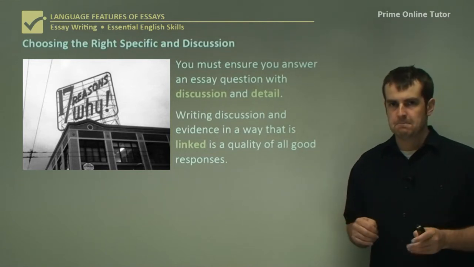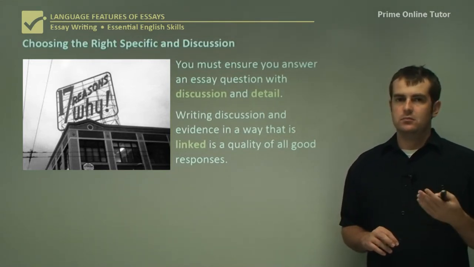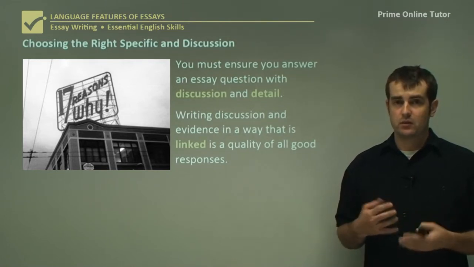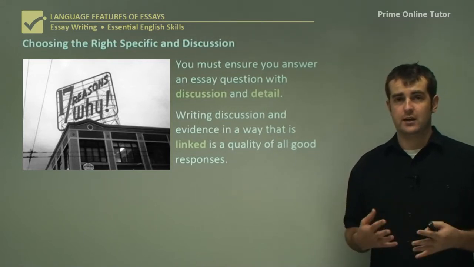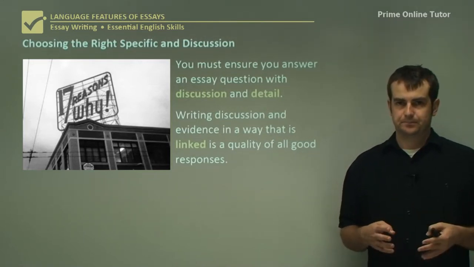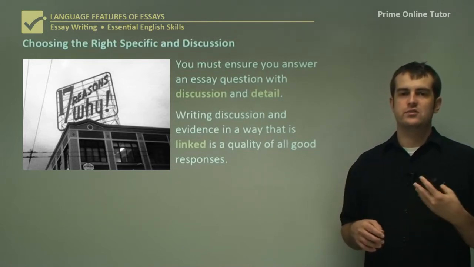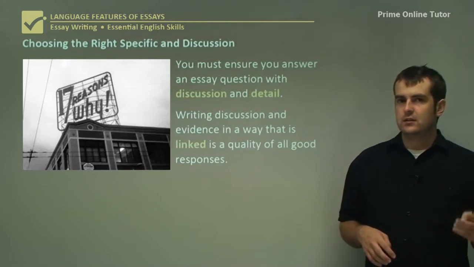So I'll explain that. What you do is you take your stimulus text or your film or whatever it is that you're discussing, and you go for a key section and pick out some quotes or some examples, and then you try to link that in with your discussion.